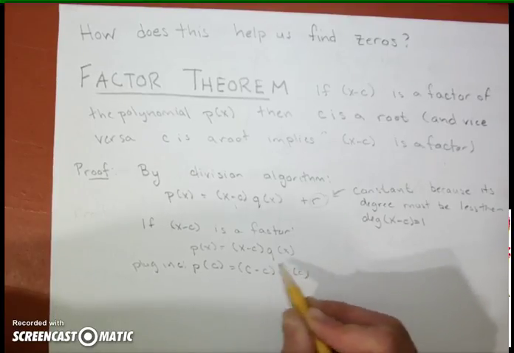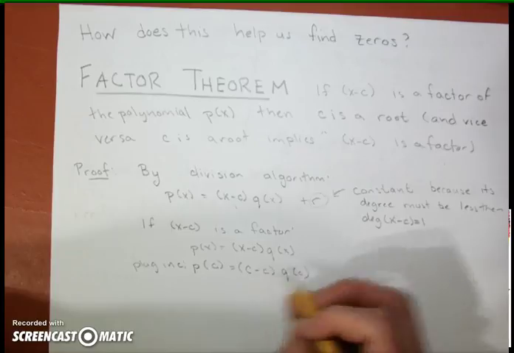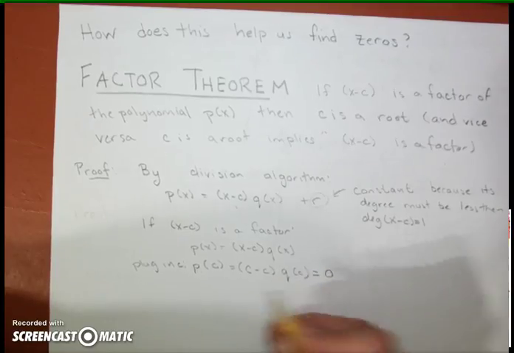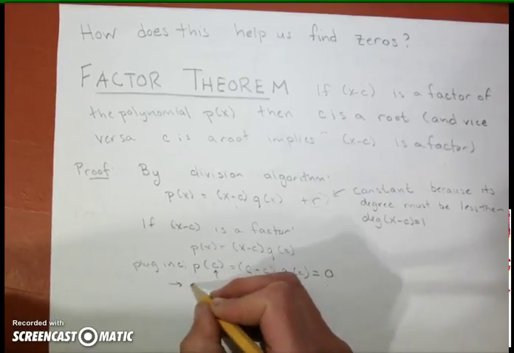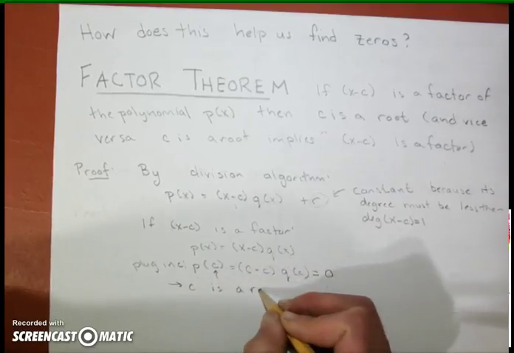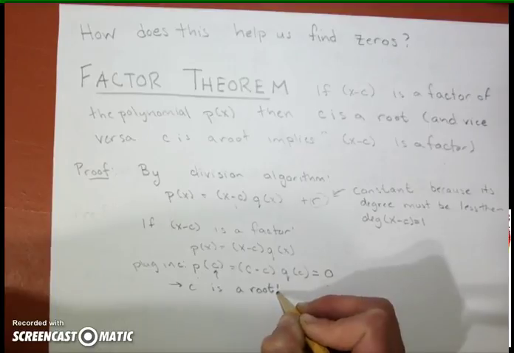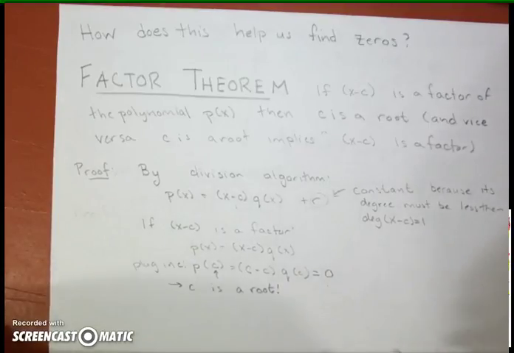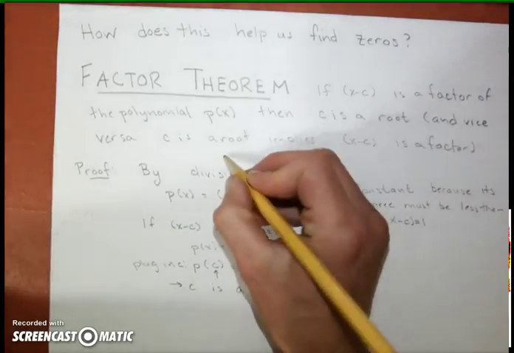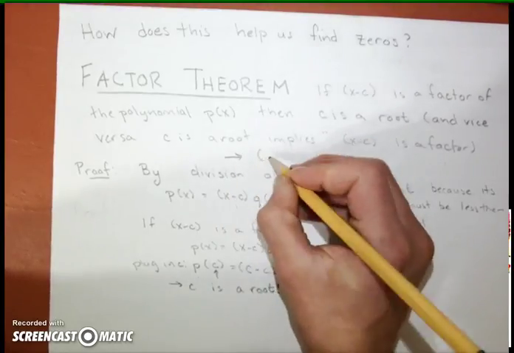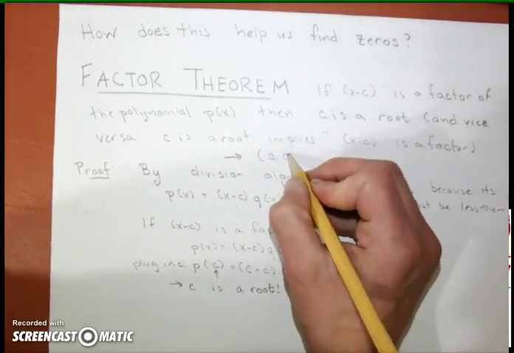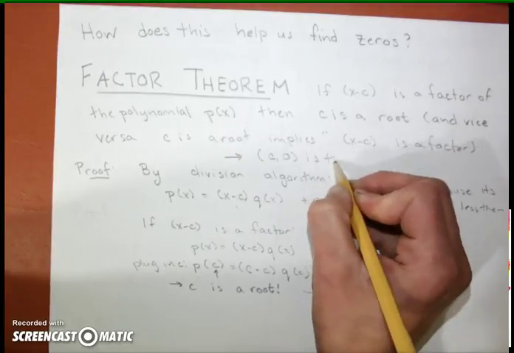It doesn't matter what q of c is because c minus c is 0. So what this says is when you plug in c into the polynomial, you get 0, so c is a root. And equivalently for our graphs, what this says is that c comma 0 is the x-intercept.